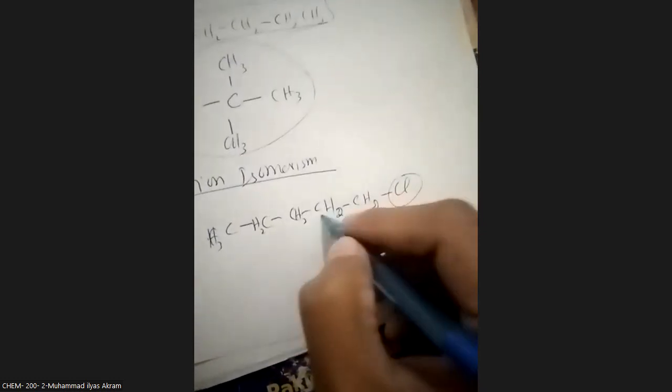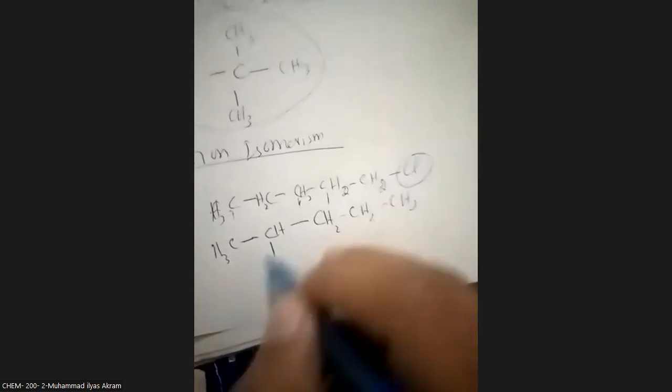This is a functional group and we can represent this element at all of these positions. This can be attached to here, here, and here also. CH3, CH, chlorine, CH2, CH2, and CH3. This is a compound that has the same molecular formula, but we represent the position of chlorine at different positions. So this is position isomerism.